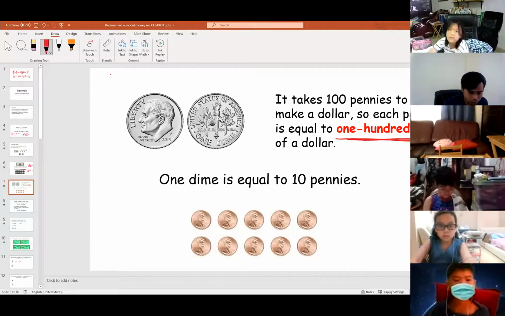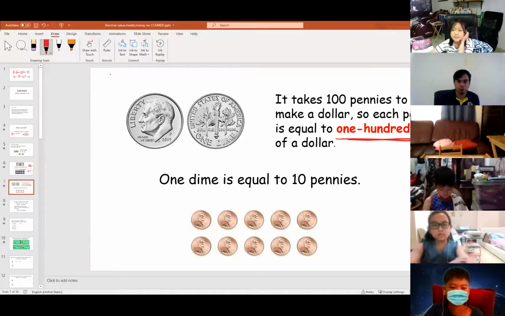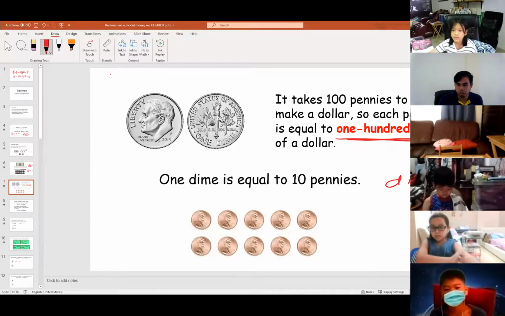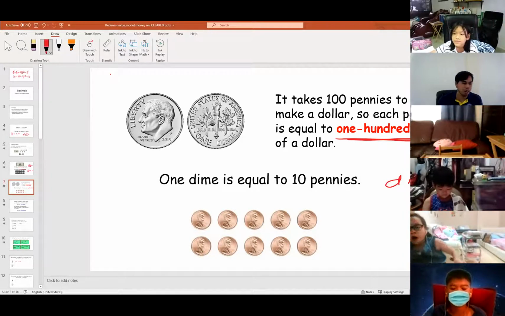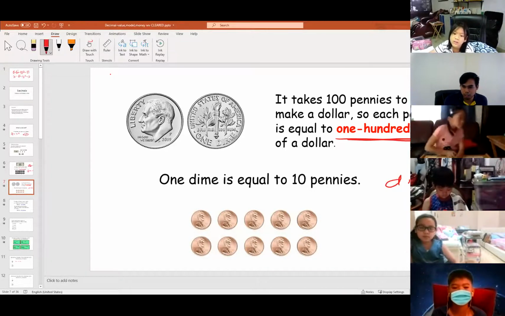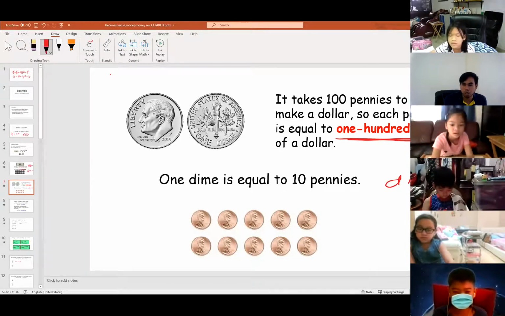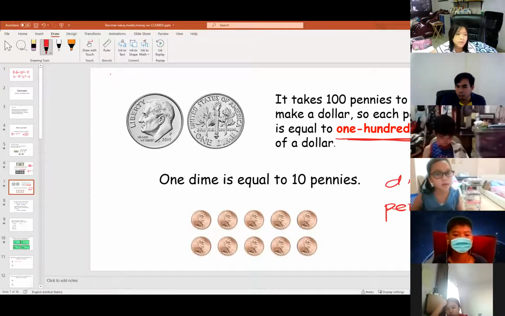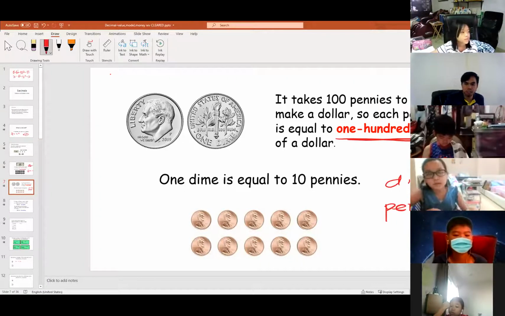For the dime, it is 1/10 of a dollar because you need 10 of them to make $1. For pennies, it says here you need 100.